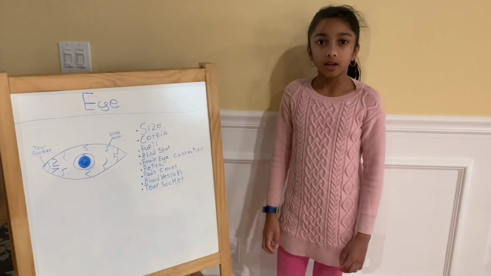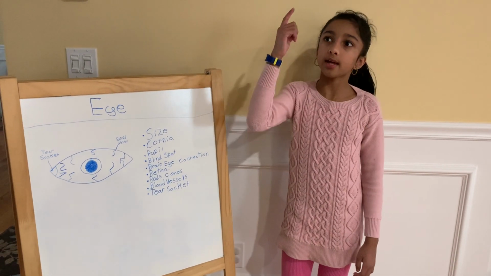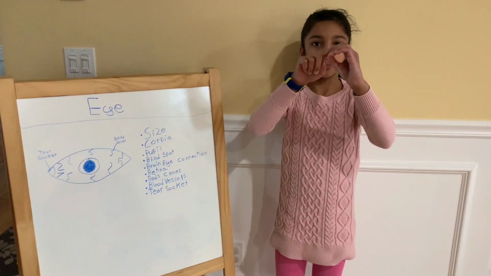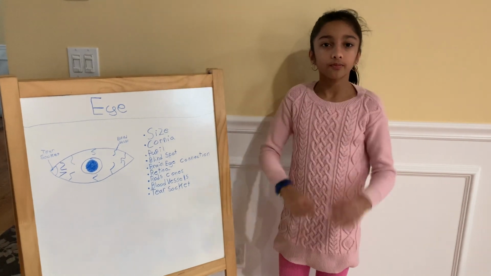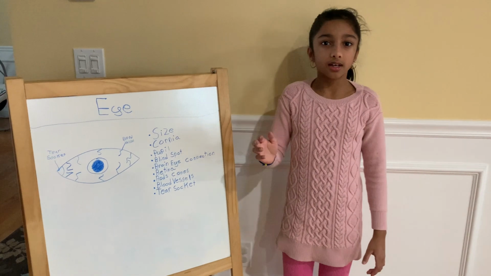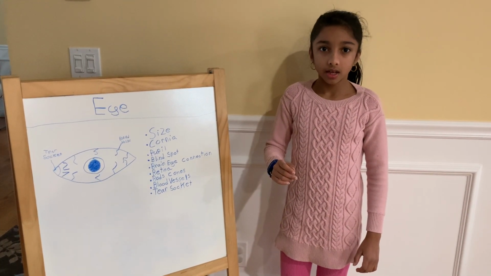Another important part is the retina. The retina is way back at the end of the eye. So if this was the eye, the retina would be here, and the pupil would always be here. The retina is at the end of the eye because it holds very important cells that help us see.